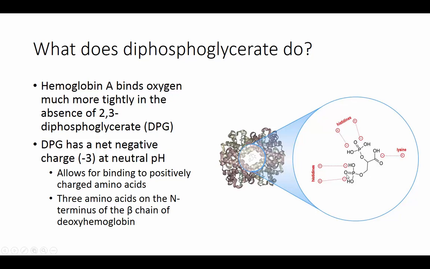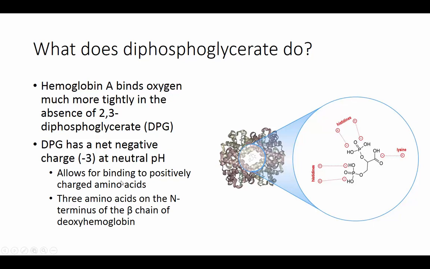Where this molecule binds is in the middle of this 4 subunit protein complex, and it complexes with a couple of different amino acids, 2 histidines that have a positive charge in their side chains. The negative charge of the phosphates can complex in weakish, salt bridge type bonds with these histidines, and a lysine, which is positively charged and will interact again somewhat weakly with the acidic moiety of the DPG.